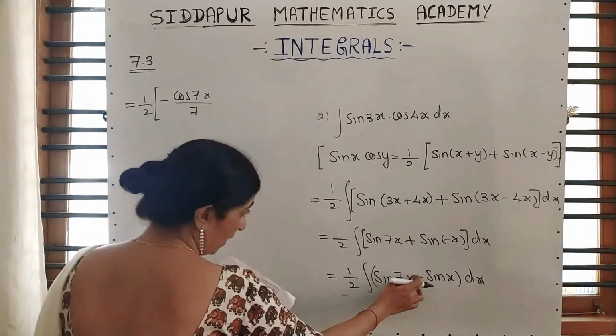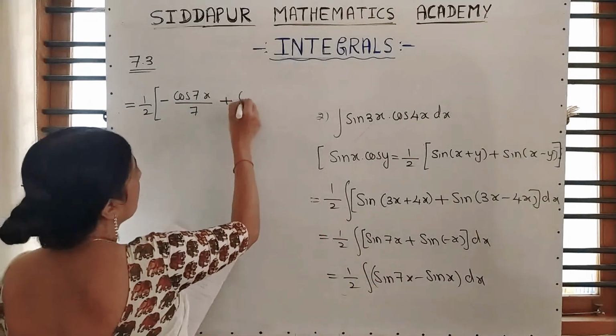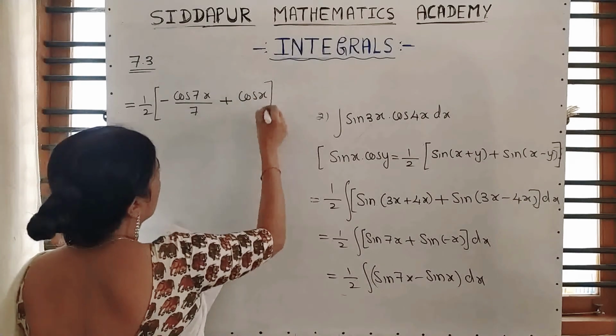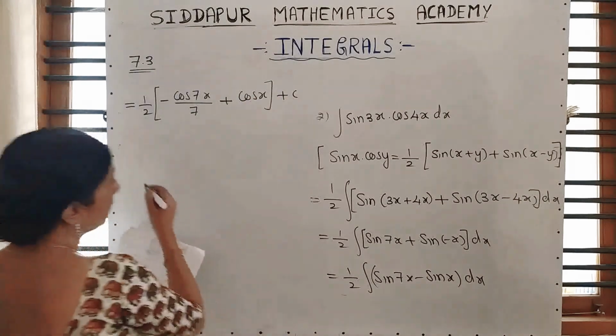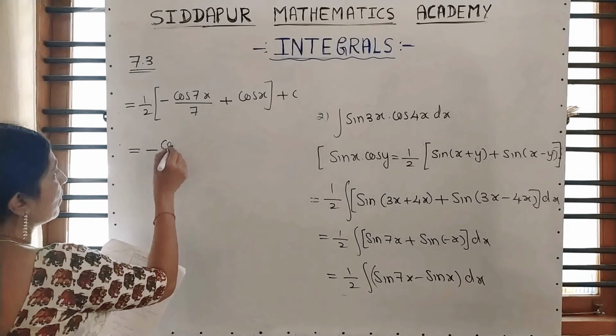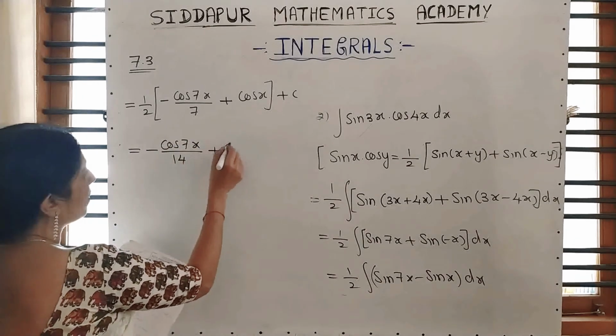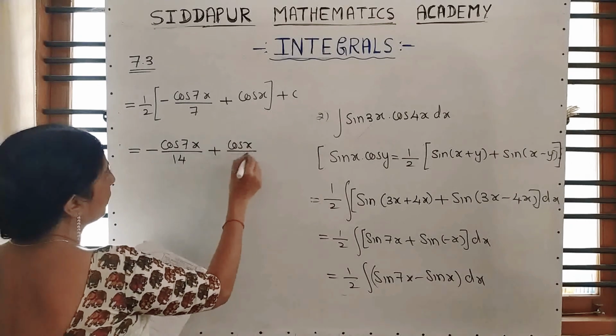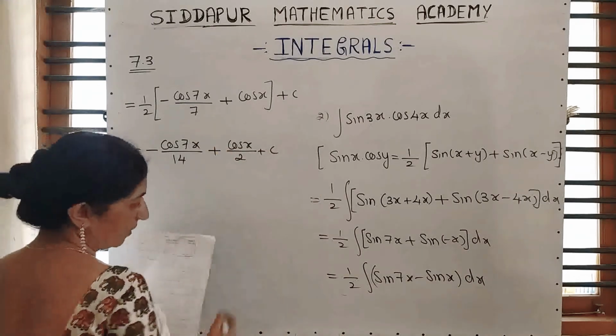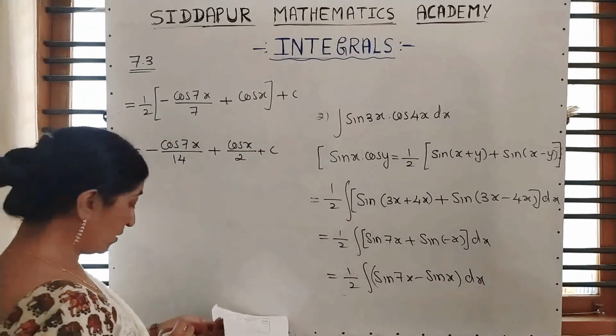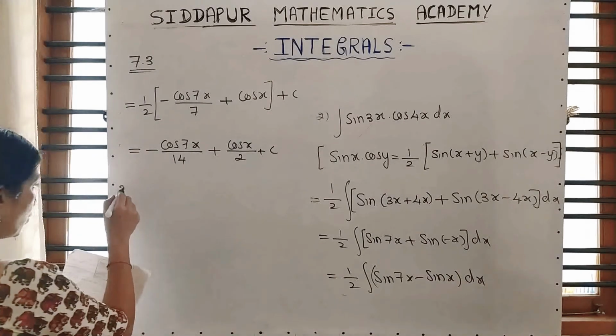It is already minus, so it becomes plus. Integration of sin x is minus, minus into minus becomes plus. It is minus cos 7x divided by 14 plus cos x divided by 2 plus c. So this is how we are solving. Moving to the next question.